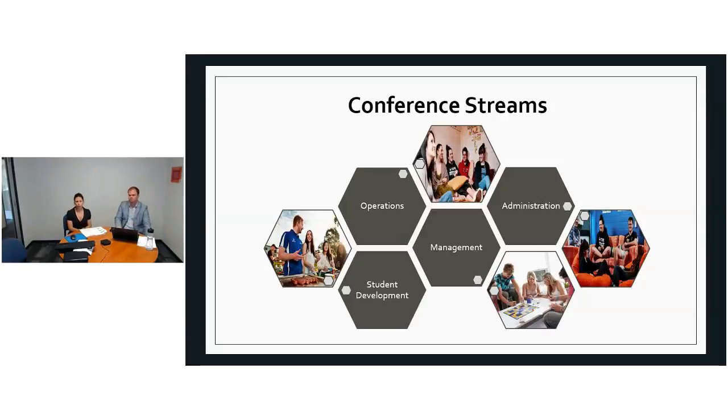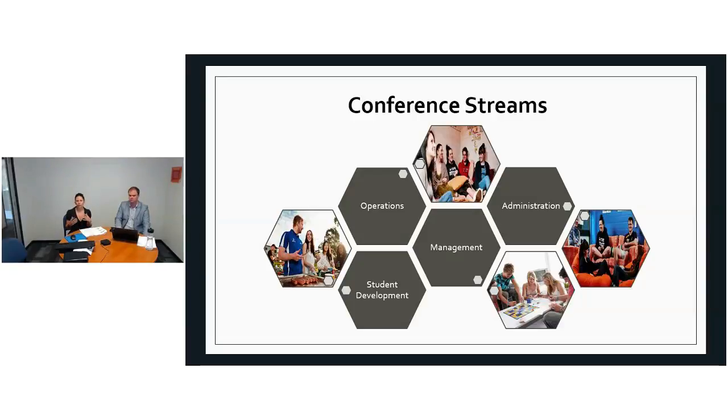As Vince touched on, one of the things that we're also keen to do for next year is, where possible, make the conference relevant to as many people as possible, from as many backgrounds as possible. So we have dovetailed submissions into 4 key areas that are listed there: operations, management, admin, and student development. Members who submit papers self-select where they think their topic falls, and it may cover multiple areas.